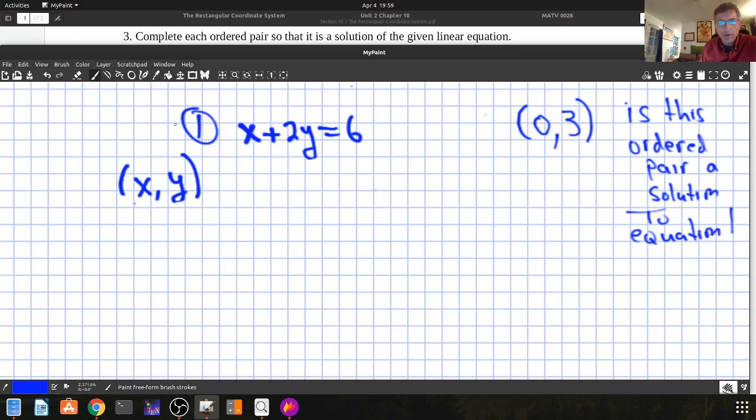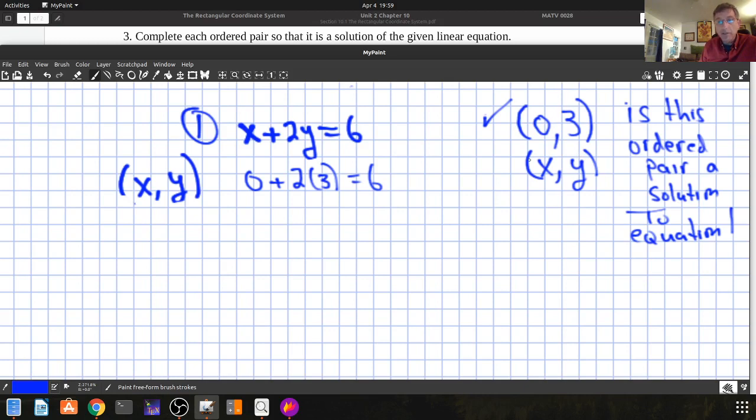That's what I want to know. Remember, my ordered pair always comes in values x, y. So this says x is equal to 0, but y is equal to 3. And indeed, 0 plus 2 times 3 is equal to 6. So yes, the ordered pair 0, 3 is a solution to the equation.